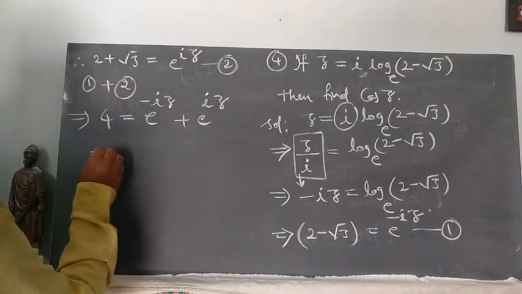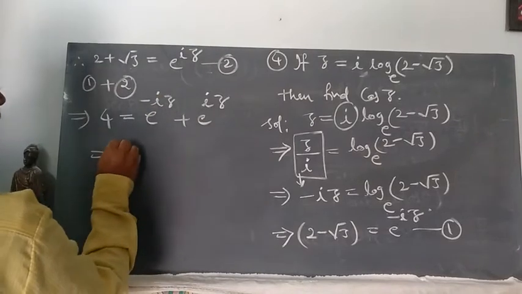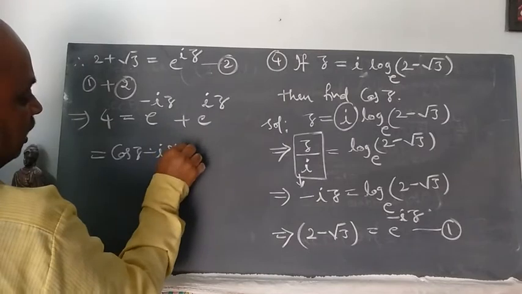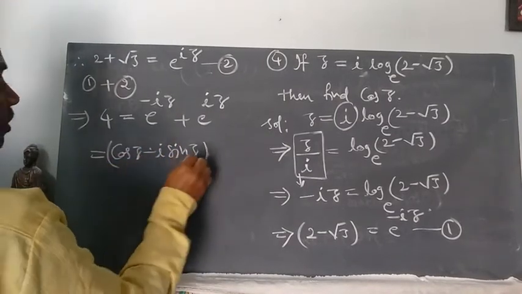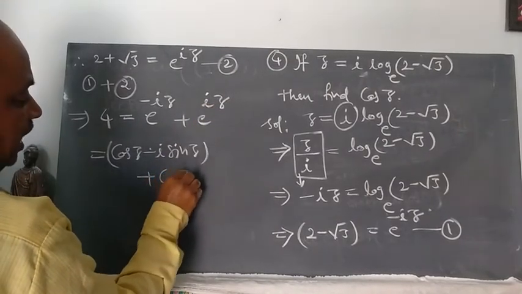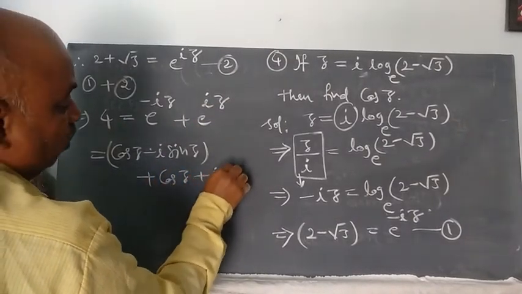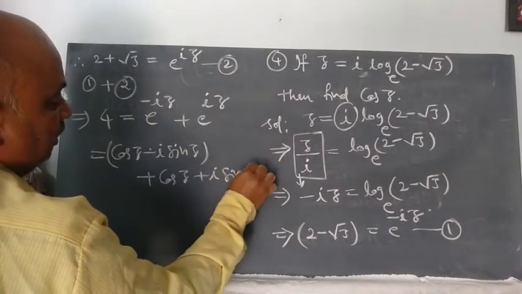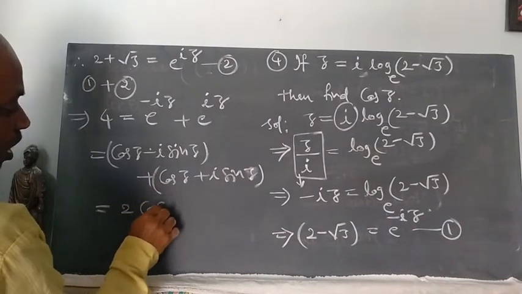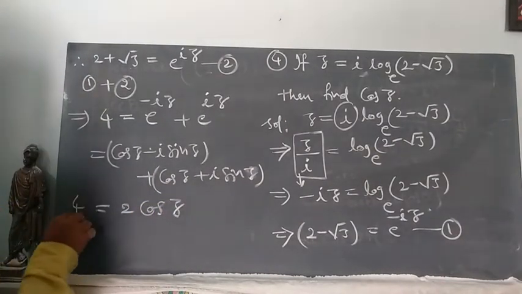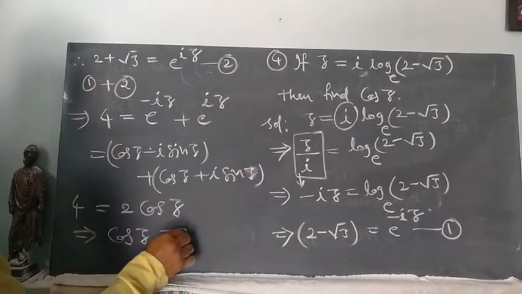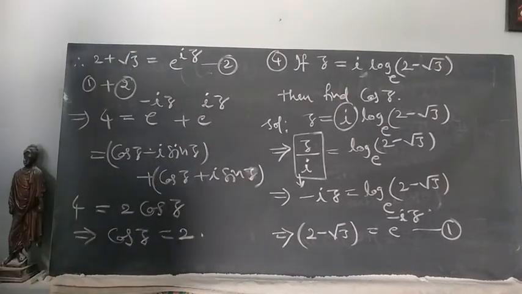So e to the power of minus iz value is cos z minus i sin z, plus e to the power of iz value is cos z plus i into sin z. So this is equal to 2 cos z, which is equal to 4. This implies cos z is equal to 2.